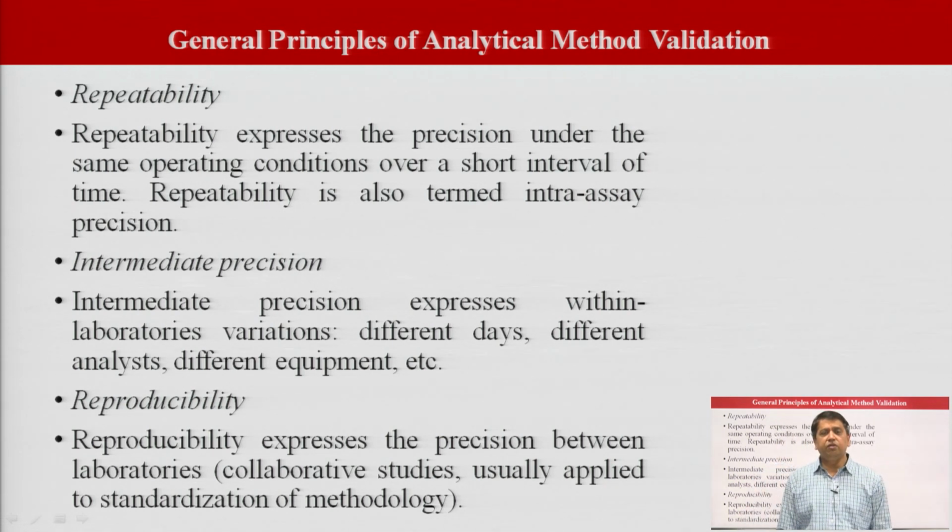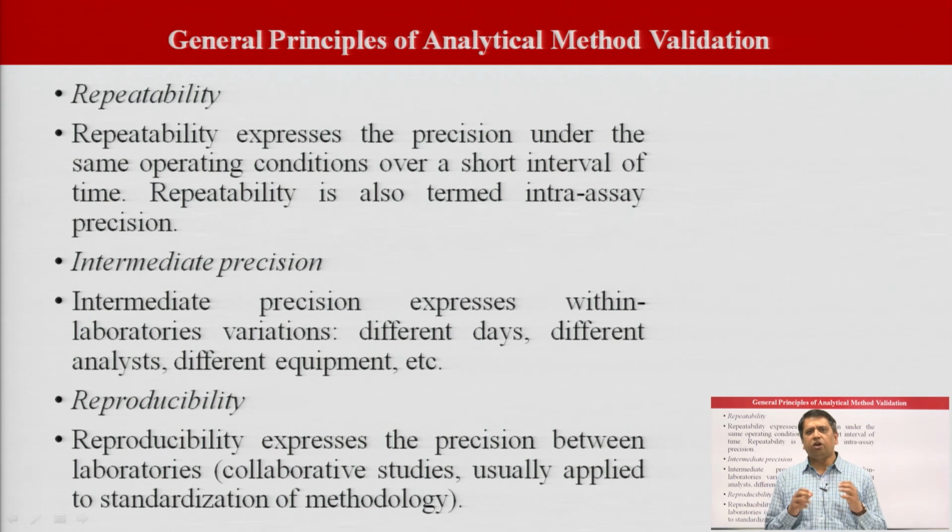Now, as you have already seen in the previous slide, precision has three levels. The first is repeatability. In this case, we are performing the method over a short interval of time in a repeated manner, and repeatability is also termed intra-assay precision.